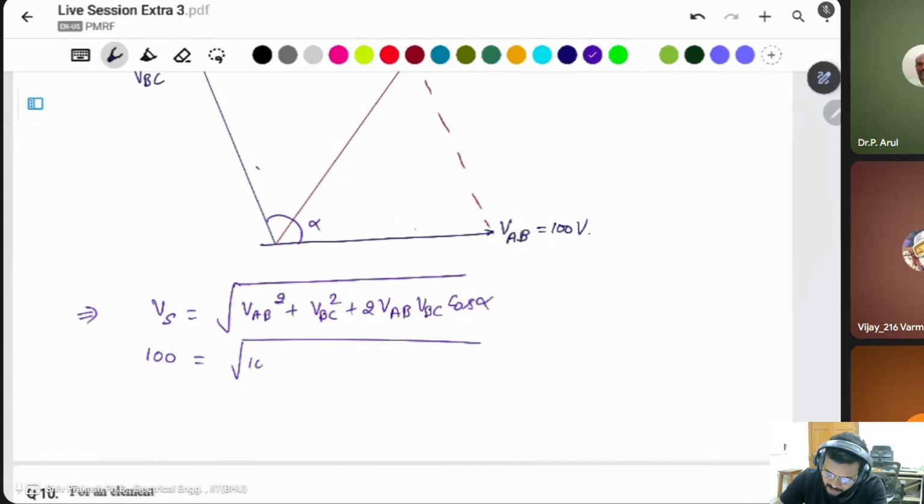VAB magnitude is 100, square, plus this one also 100, square. Both are the same. It means 2 into 100 square cos alpha. You can take 100 square common, then outside of the root is 100. The 100 will be cancelled out. This will be 1 equals root of 1 plus 1 plus 2 cos alpha, that is 2 plus 2 cos alpha.